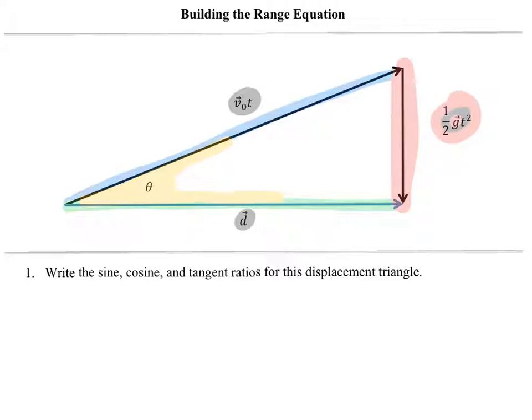That's why I took an algebra course and trig, pre-calc, whatever it was. So now what I'd like you to do is write the sine, cosine, and tangent ratios for this displacement triangle, just as they are symbolically. You can do some simplifications if you want, but don't plug any new numbers in. All right, so let's pause for a minute and see if you can pull that off.